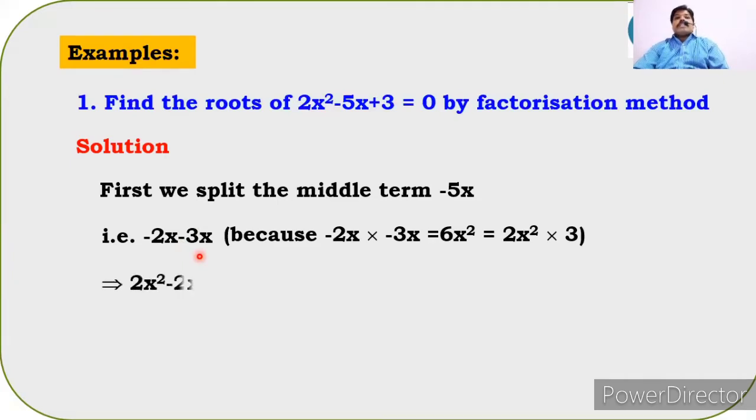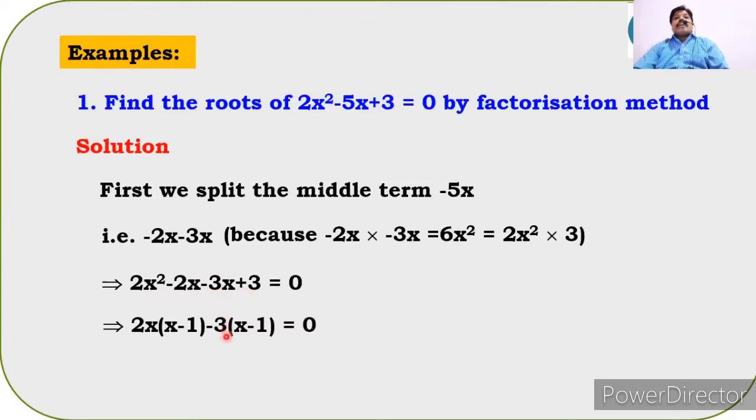Next, I will substitute this value in this quadratic equation. Then it will become 2x square minus 2x minus 3x plus 3 is equal to 0. In the first two terms, you can take the common 2x. Then it will become 2x into x minus 1. Similarly, you can take the common minus 3 from the next two terms.